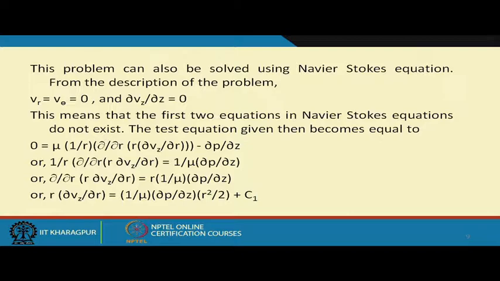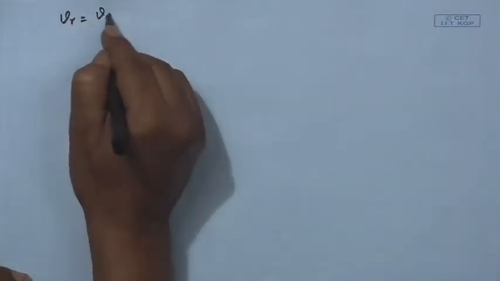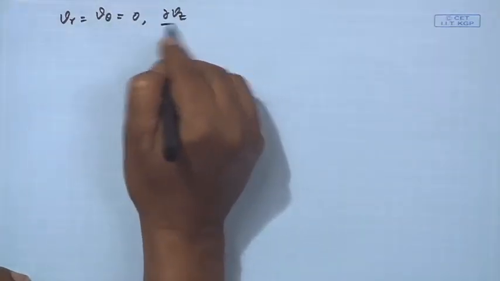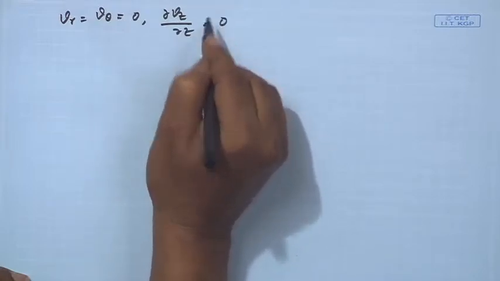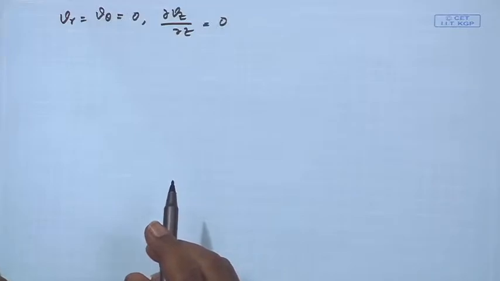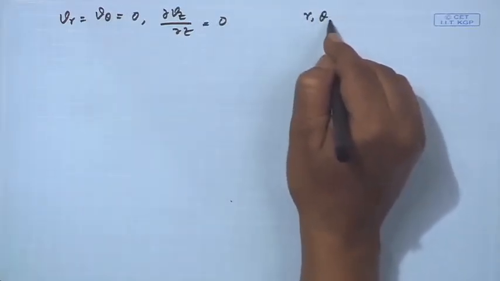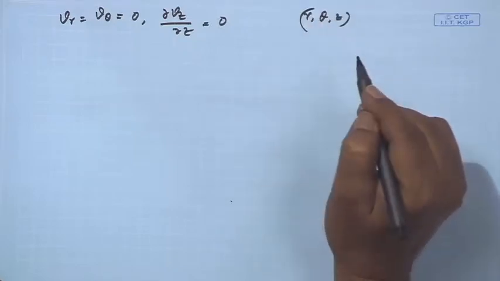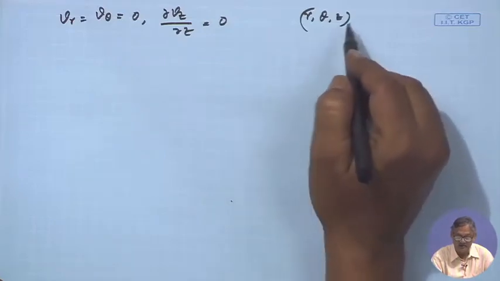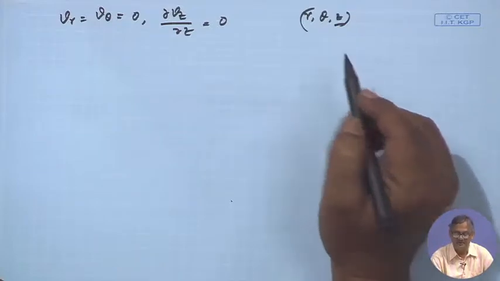In that case we know that V r is equal to V theta is equal to 0 and del V z del z is equal to 0. Here we take r, theta, z instead of x, as z.